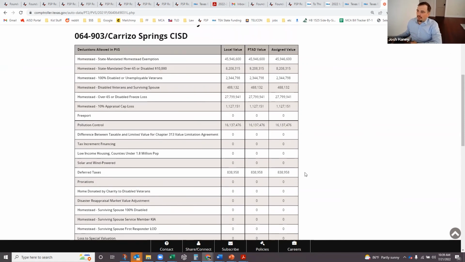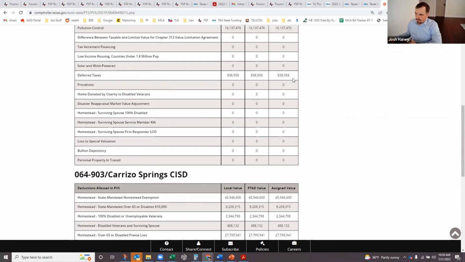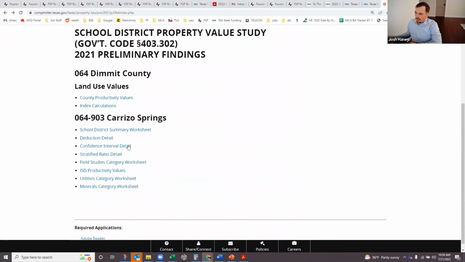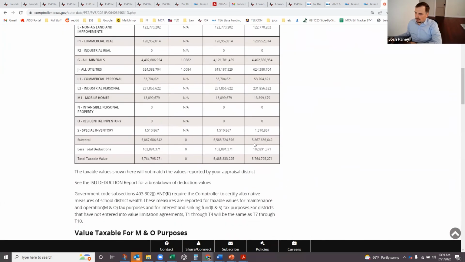Generally speaking, I don't advise districts to worry about that, because in this particular example it was not even $1 million, and their total tax base was almost 6 billion.